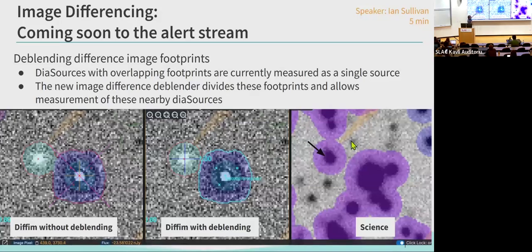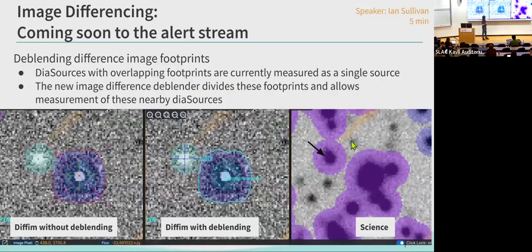Because they were close together, they were merged into one, and the detection was on the artifact, and so we lost the variable star. With the deblending, these get separated into two different footprints, and now this blue X is marking that it is recovered, measured, and even has a 1.0 reliability score. So it is successfully recovered and continued.